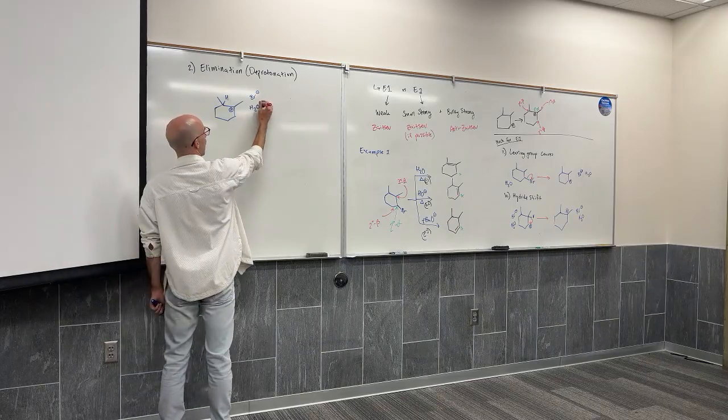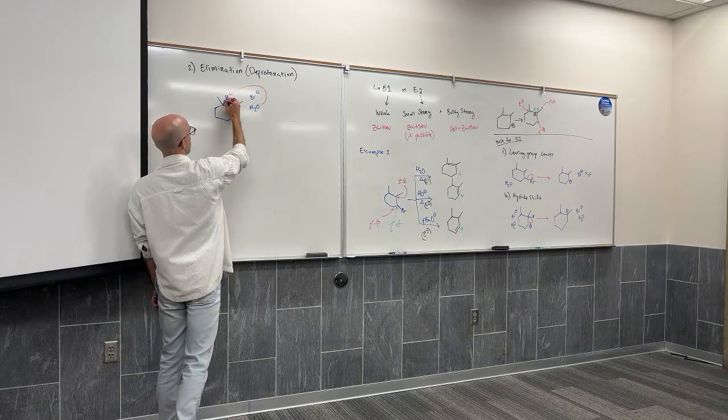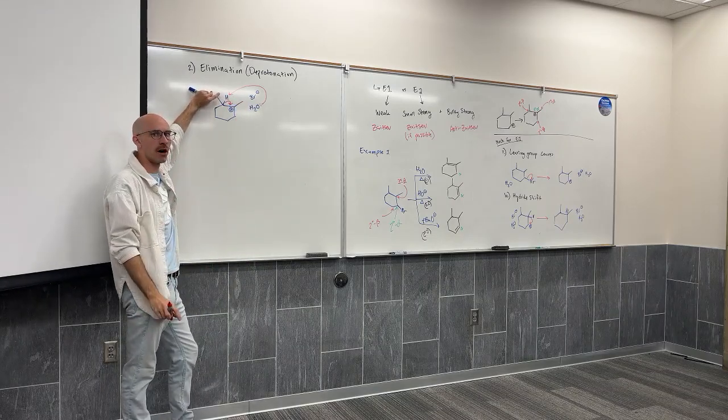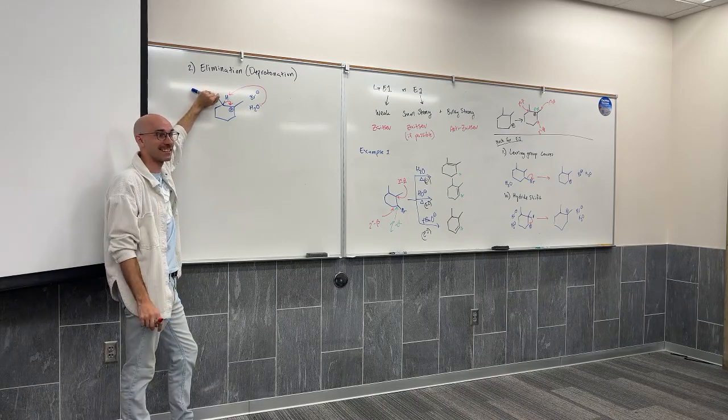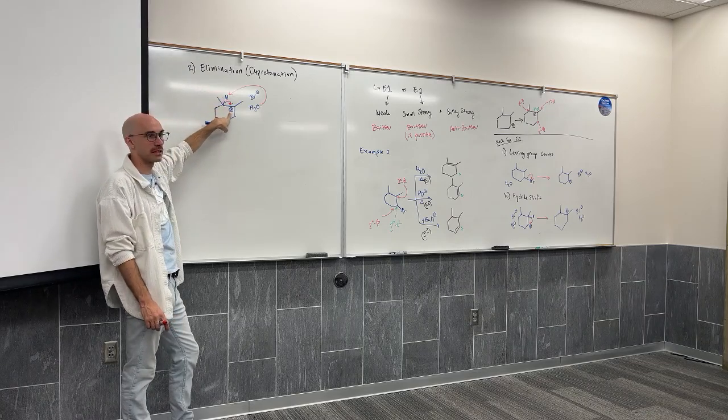Let's do it. H2O bonds to the hydrogen. The CH bond breaks. Who owns the CH bond? C. More electronegative. What is C going to do with that excess electron density? It's going to share it with its neighbor who is electron deficient.